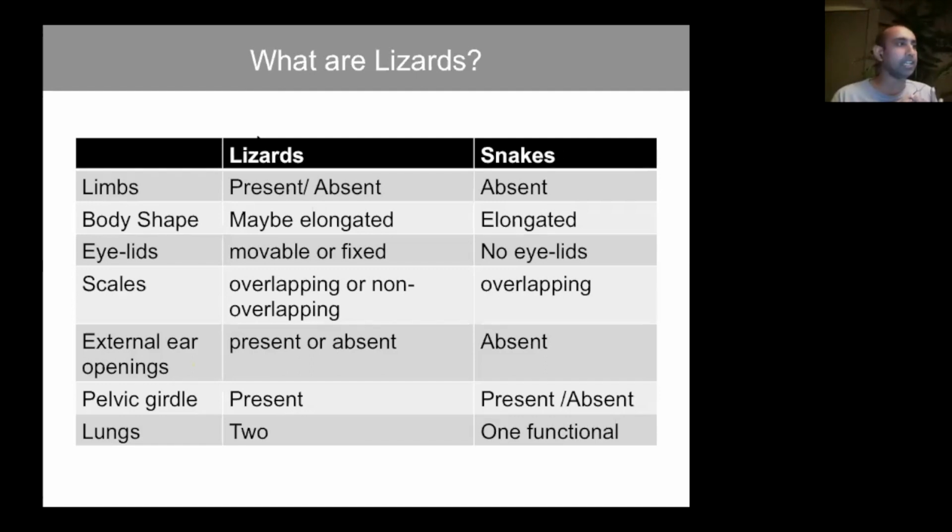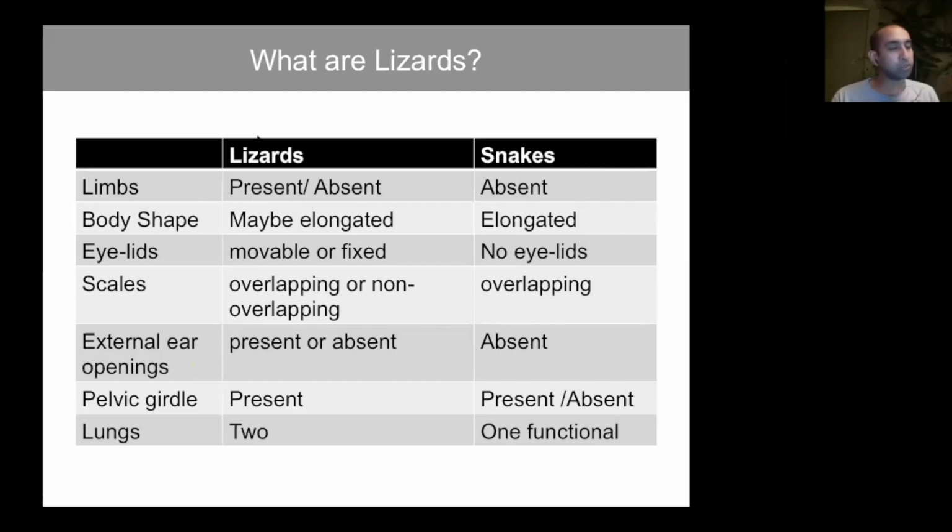It's partly correct, but the issue is there are lizards that also don't have limbs, right? So I have tabulated certain characters that are comparable between lizards and snakes. If you look at the limbs, of course, there are lizards with limbs, as well as lizards that have lost their limbs.